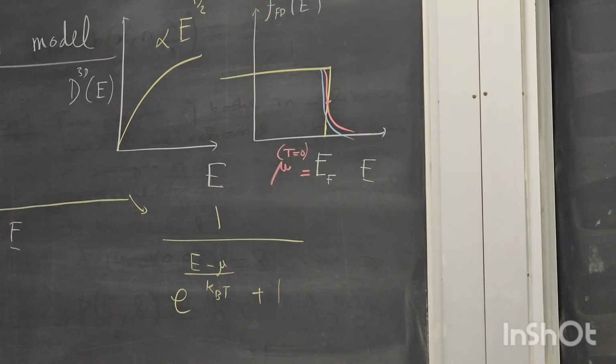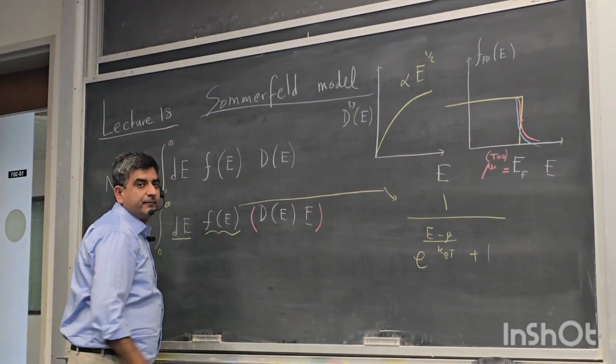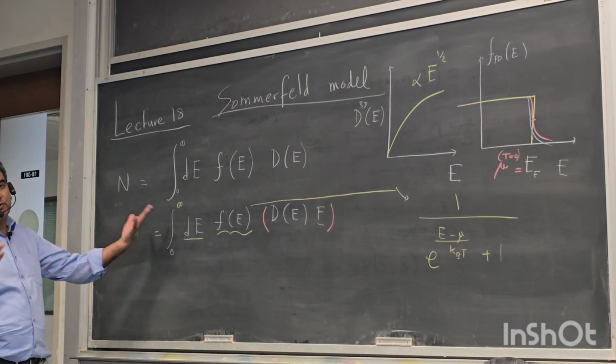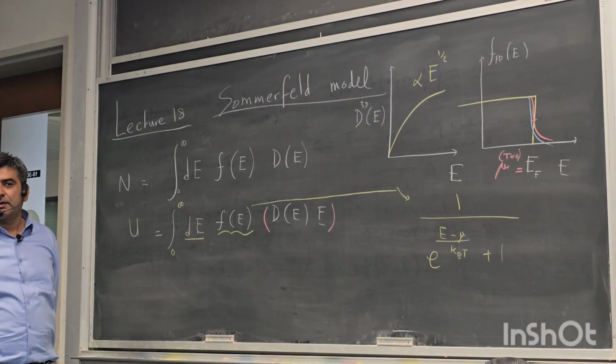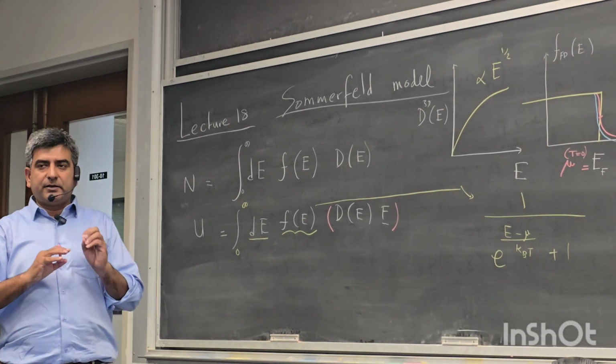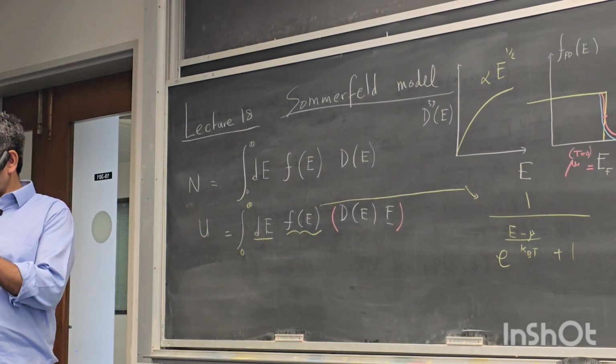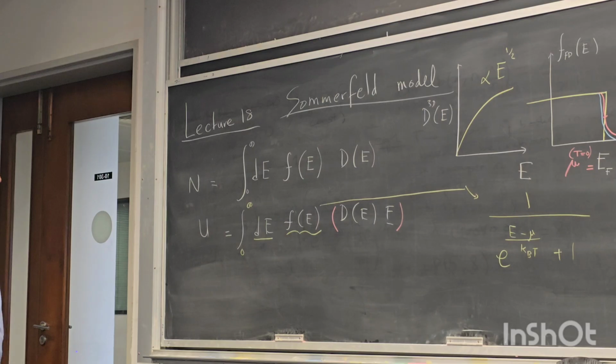We multiply this factor with some other variable to get some quantity of interest, right? So this is the general form for calculating a certain variable which is of interest for this electronic system.